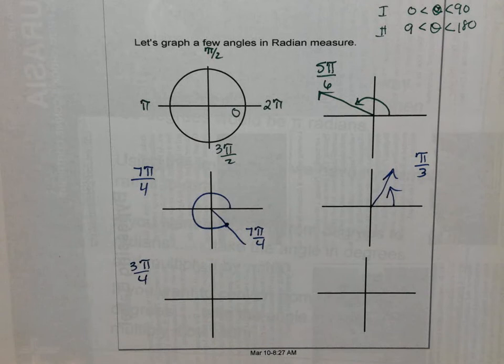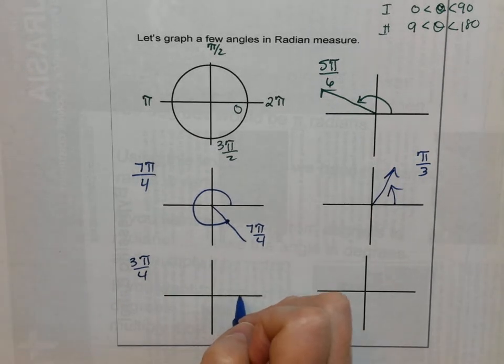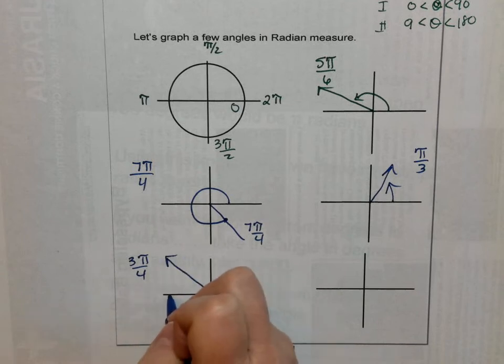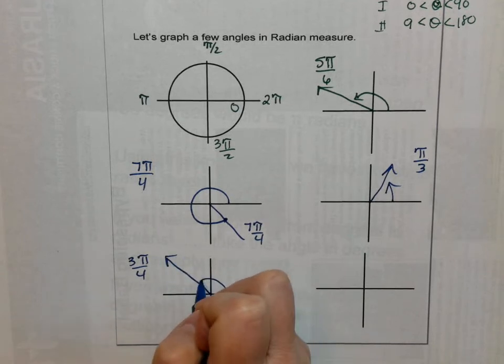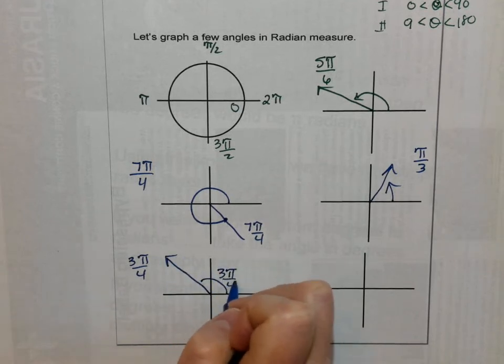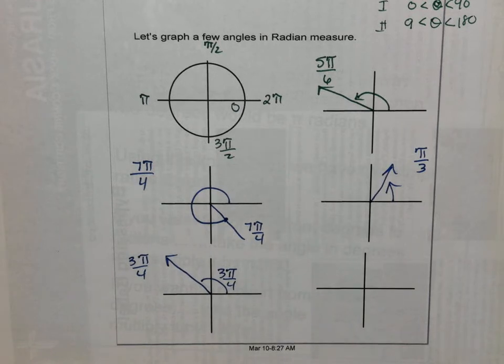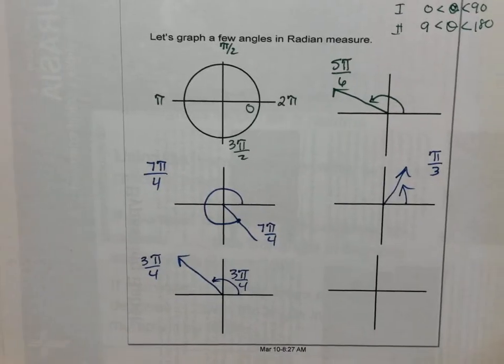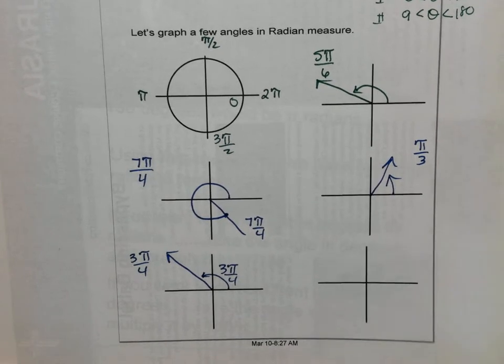Think of it as 3/4. Well, 3/4 is 3/4 of the way to 1, and if 1 is over here, then this must be 3/4. Okay, and that's how it works. So this is how we draw angles. Think in terms of fractions. It'll be okay. You'll be fine. Okay, so far so good.